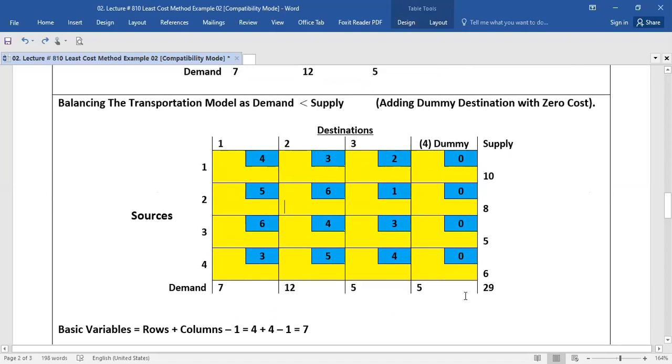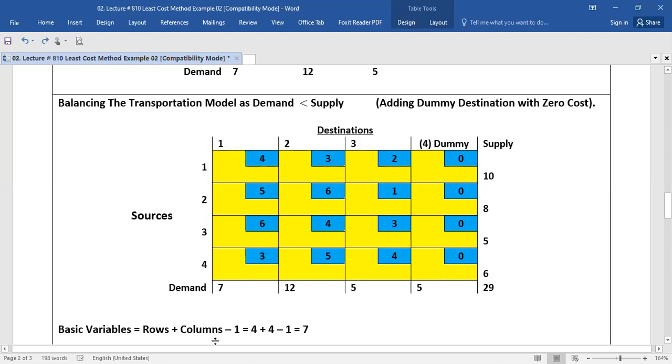There we have added a new column which is called a dummy destination, and we will put all the values of 0 in the cost side. So the cost will be 0 for each cell. Now the model is balanced, now you can solve this model as well.